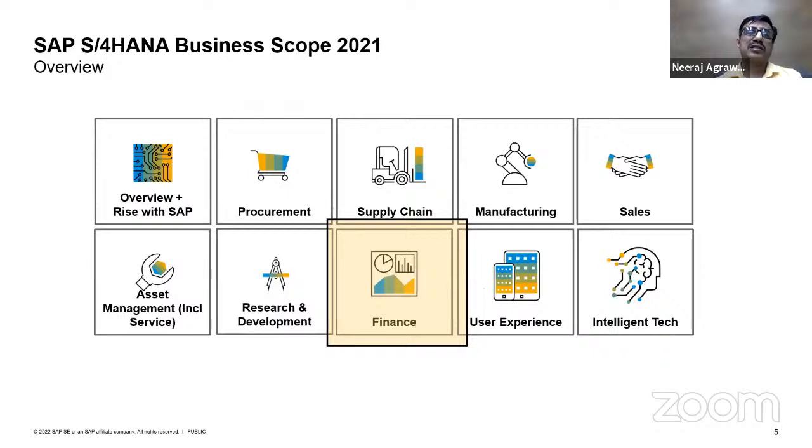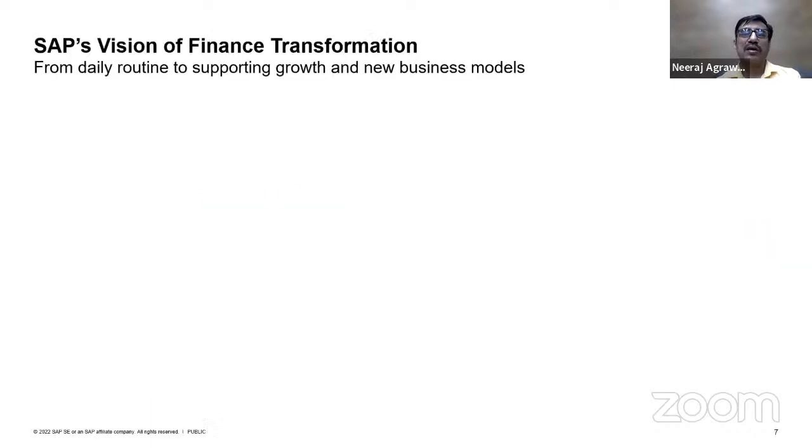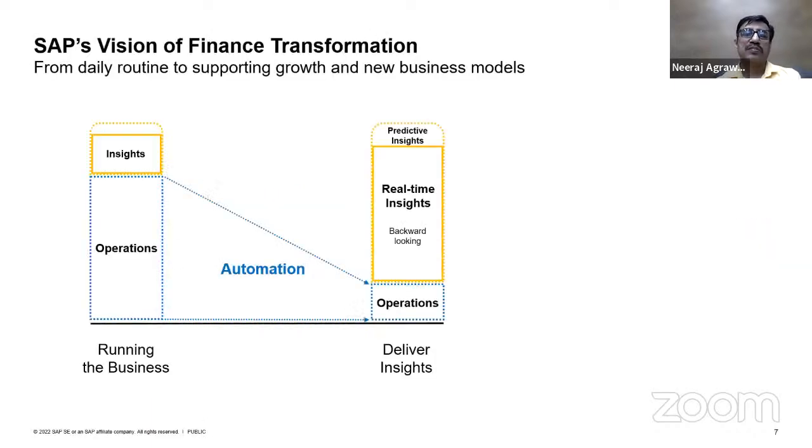Okay, so let's now move towards more on the finance part. Let's see in this. So we start with the vision and key highlights. So what's the vision, or what it was? So earlier you would be seeing here that the majority was operations, 60-70% operations, and 10% was the insights.